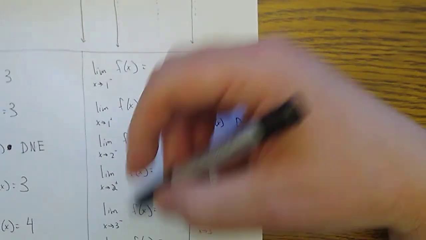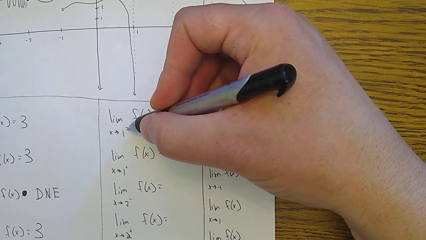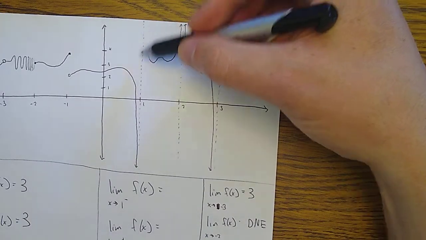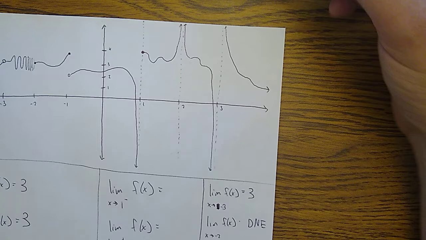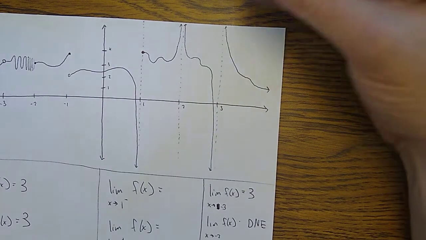Let me move over here. So now x is approaching +1 from the left. And over here on the graph, you might know these are called vertical asymptotes.